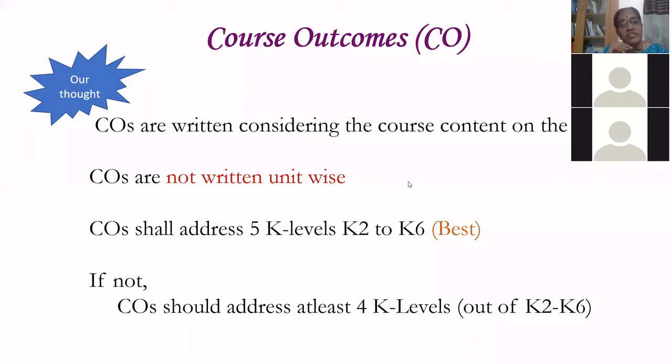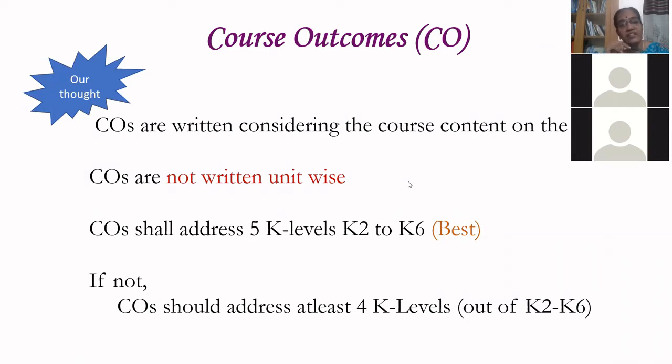And the COs shall address all the 5 levels from K2 to K6 in order. Suppose you think it is not possible to write like that for a particular syllabus, then the COs can address a minimum of at least 4 K levels. If you say it is 3 K levels, then you will be giving more importance to one particular K level.